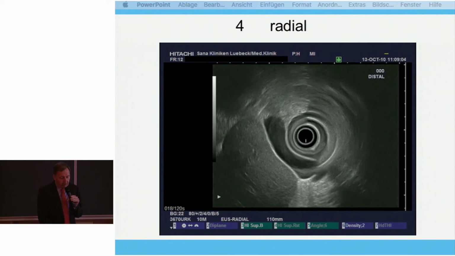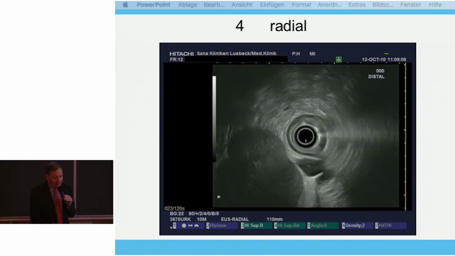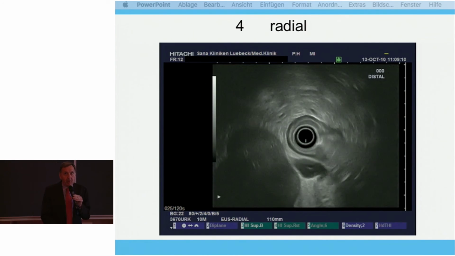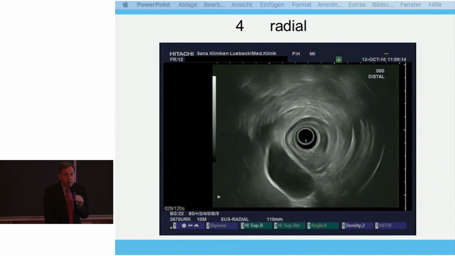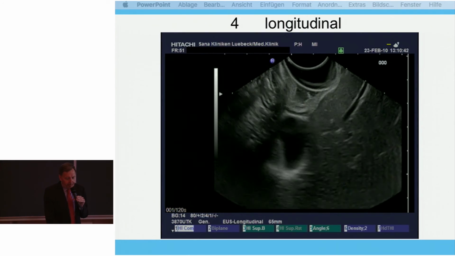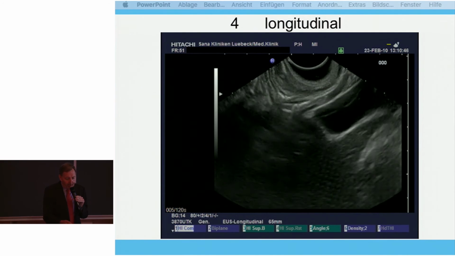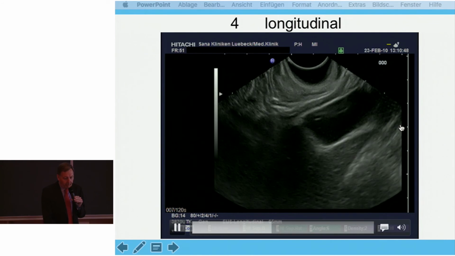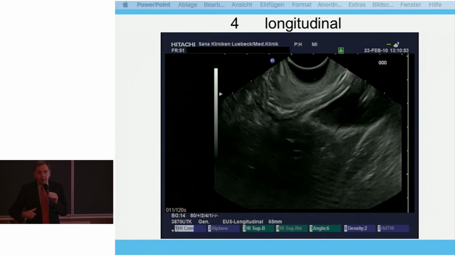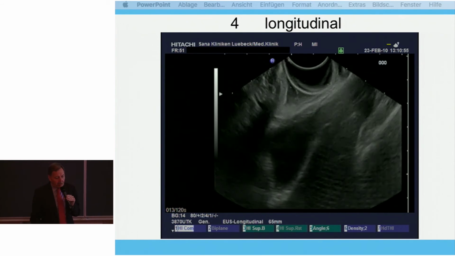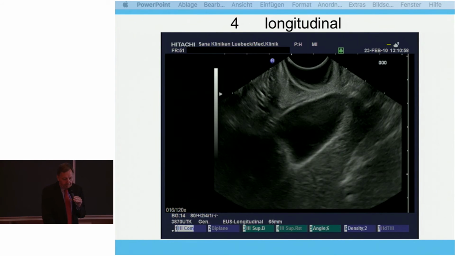It's more difficult with longitudinal scan because you always have to rotate the instrument, and especially the fundus is more difficult to find with the longitudinal scanner. So this is a longitudinal view. You see, you have to rotate the instrument, but you have difficulties here at the level of the fundus. But you can easily do abdominal ultrasound to examine the gallbladder.